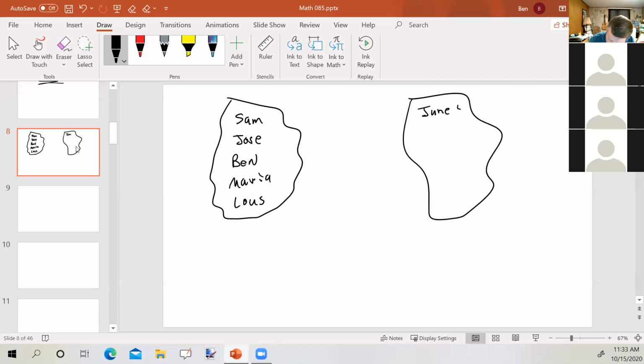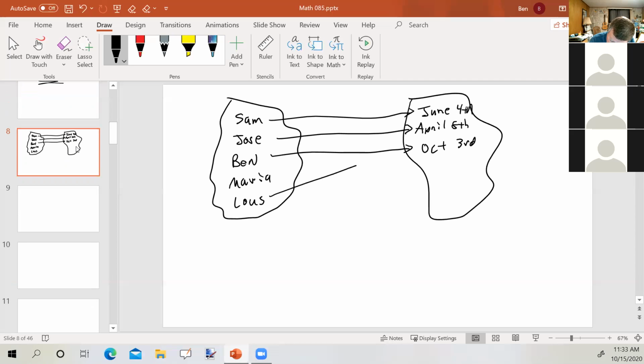June 4th, that's Sam's birthday. April 8th is Jose's birthday. October 3rd is Ben's birthday. Also happens to be Lois's birthday, and Maria's birthday is March 20th.